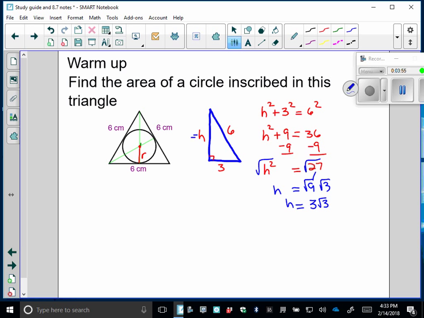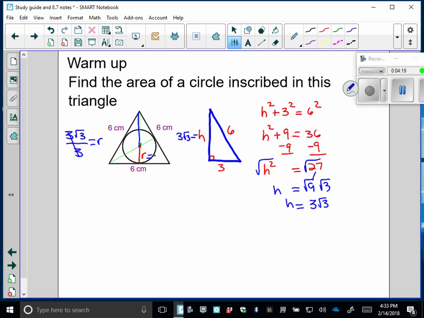Since h is 3 square roots of 3, going back to that property that I opened up with, this is a 2-to-1 ratio. So I'm going to take 3 square roots of 3, divide it into 3 pieces, and that's what r is.